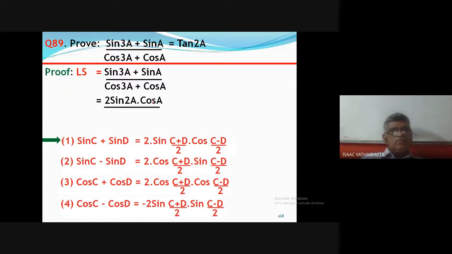I skip that step. You can directly write. Divided by cos C plus cos D, which is 2 cos 2A cos A. What is cancelling? 2 goes, cos A goes, and you get sin 2A by cos 2A, that is tan 2A.